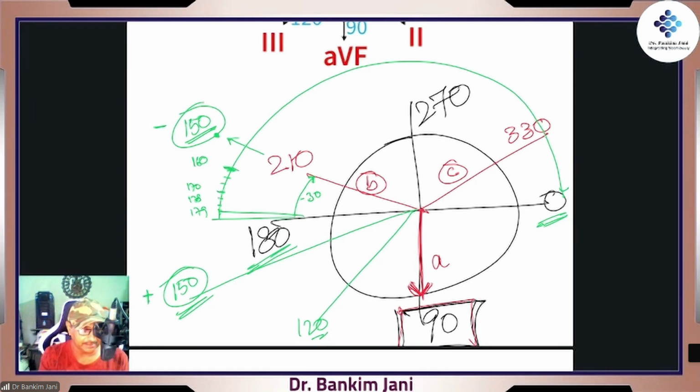When we say the angle is plus 150, that means we are in this lower portion. When it is minus, that means we are talking about the upper portion. There would be very few diseases in which things will be going into that negative area. Very few diseases where the heart axis will be going into that negative. Very rare. Mostly it will be between positive.